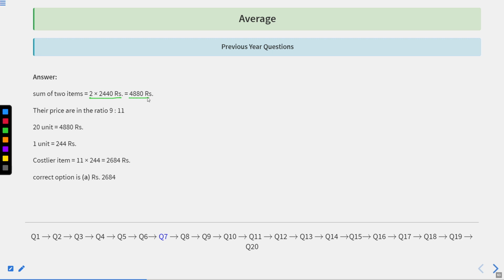So their prices are in ratio 9 is to 11. Okay. So 20 units equal 4,880 rupees. So 1 unit is going to be 244 rupees. So the costlier item is 11 times 244, that is 2,684 rupees. So the correct option here will be option number A, 2,684 rupees.